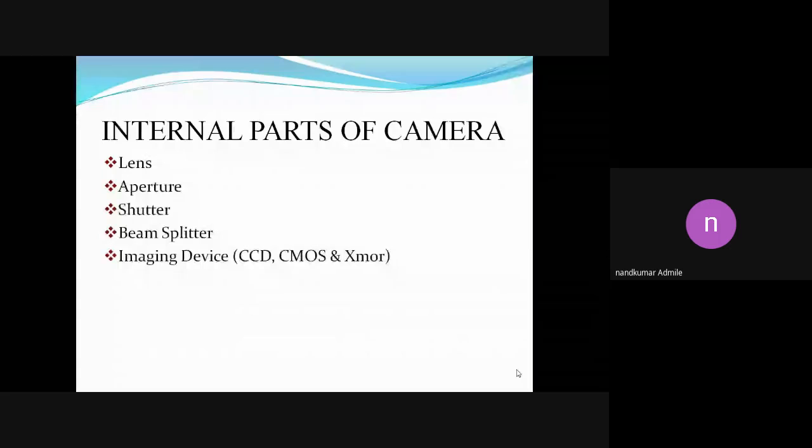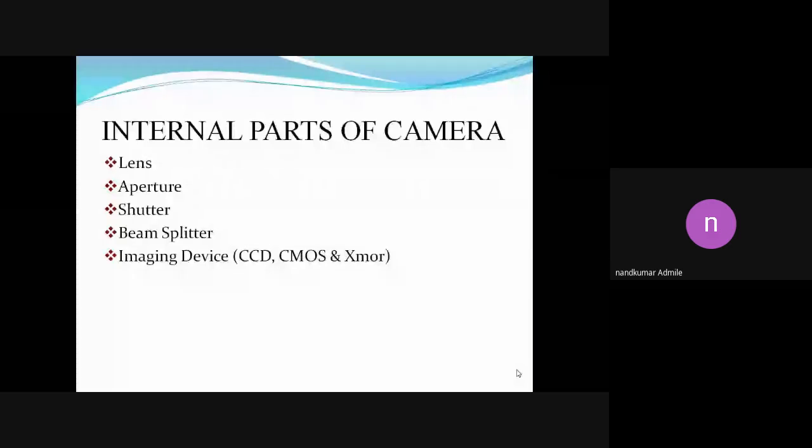The imaging device is a very important part. In order to capture images or video, we require the imaging device. The most commonly used imaging device is the CCD, that is, the charge coupled device. This is a major part of a video camera.